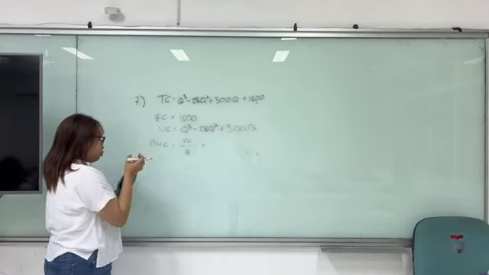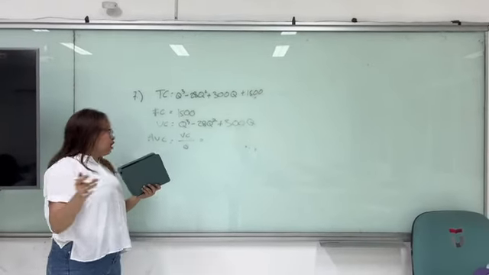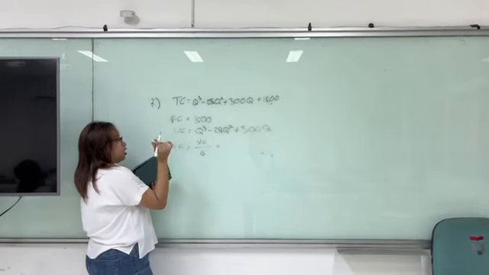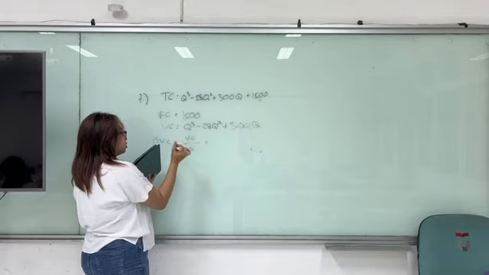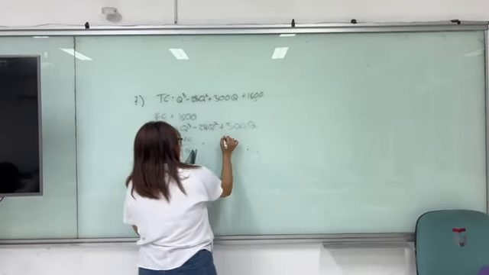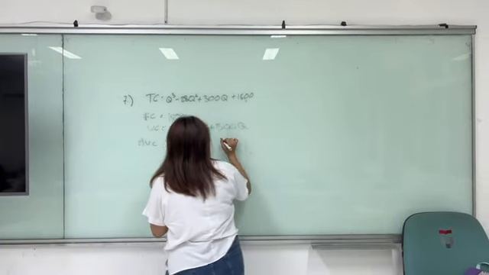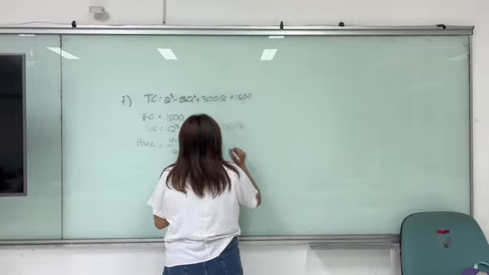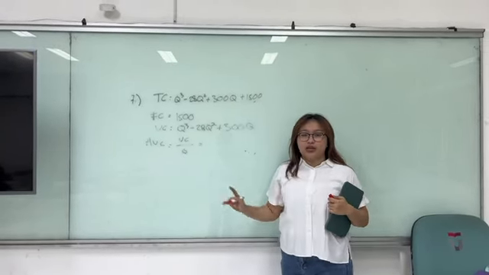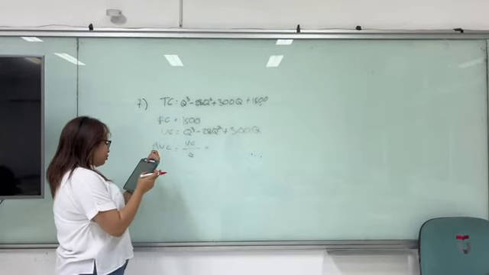And we have to find the shutdown condition, or the average variable cost. So how to search AVC? We have to take the variable cost per quantity. I'm sorry, I used a red marker because the black is finished.